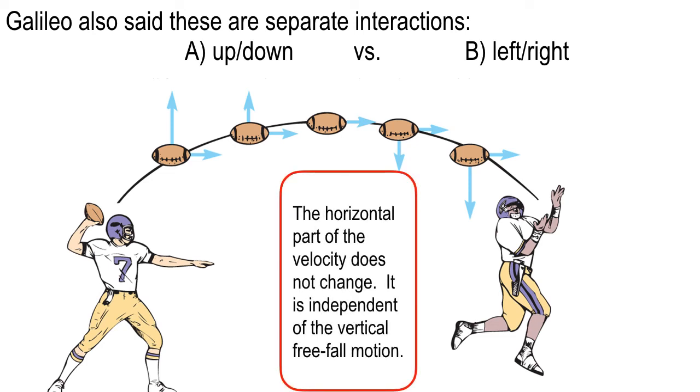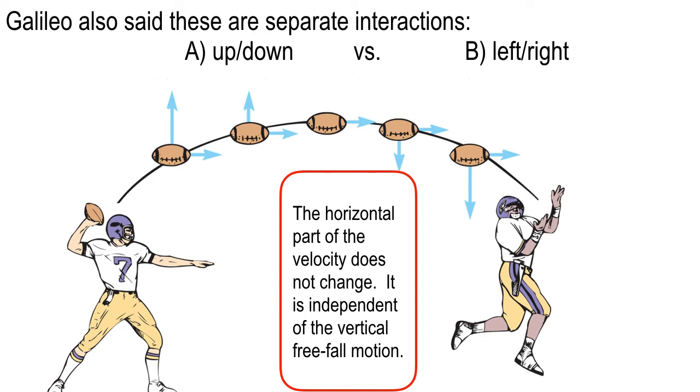Now, one way to look at that is to look at the components. So this is a quarterback throwing a football to a wide receiver. If you look at the light blue arrows, which are a little tough to see on the screen maybe, you'll notice that the vertical ones start big, get smaller, and up here at the top, they're zip-zap.